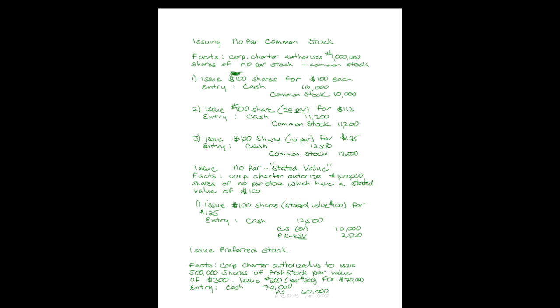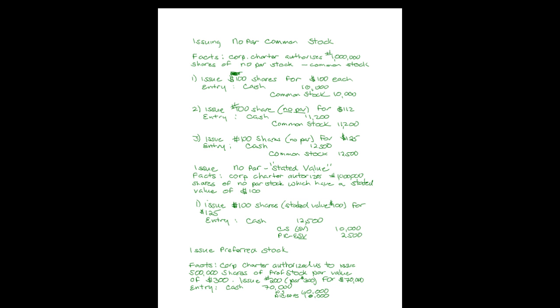Bet you can guess the name of our second account. Paid in capital in excess of par from preferred stock. Is this getting obnoxious or what? And we're going to put $10,000 in it. And again, all states have different laws, so we have to maintain those separate layers of paid in capital by type of stock and by type of transaction.